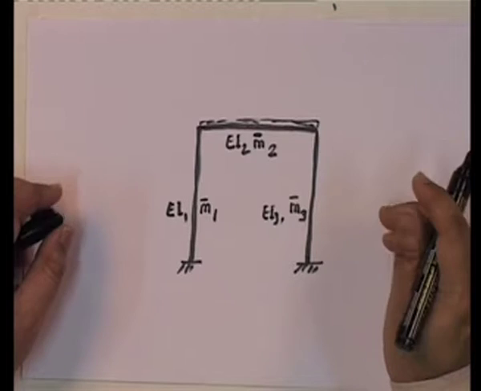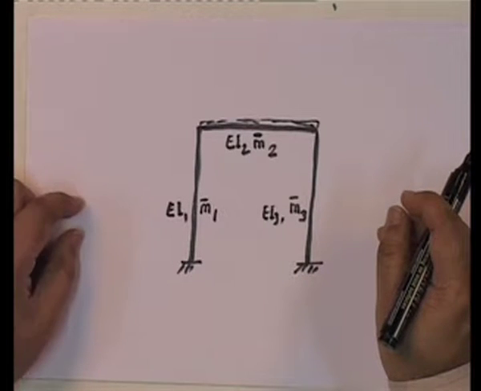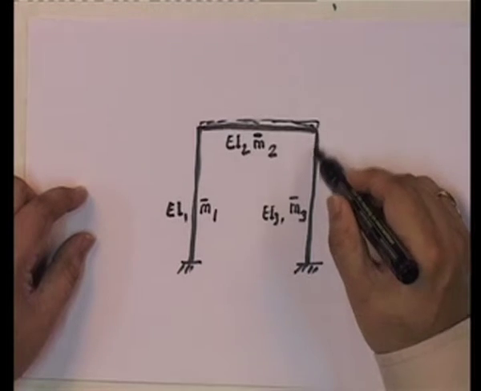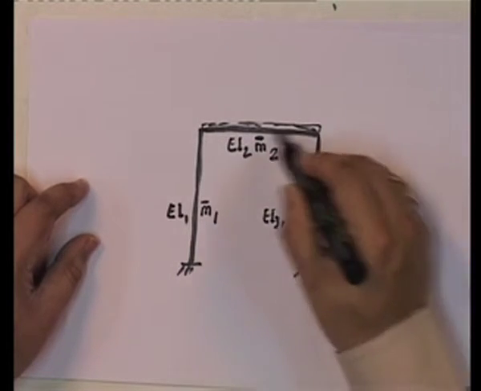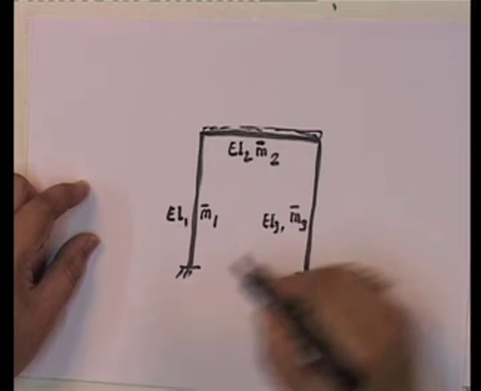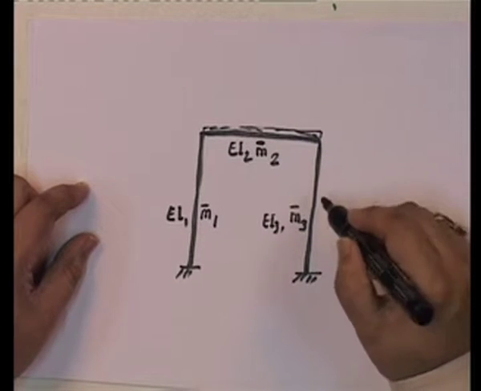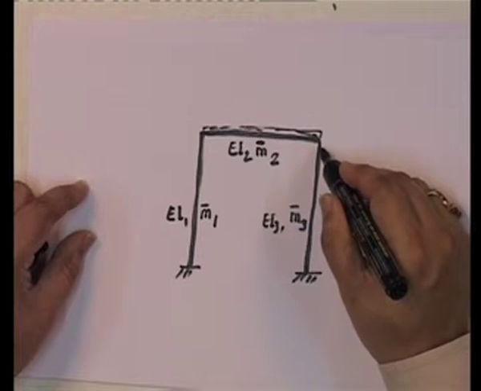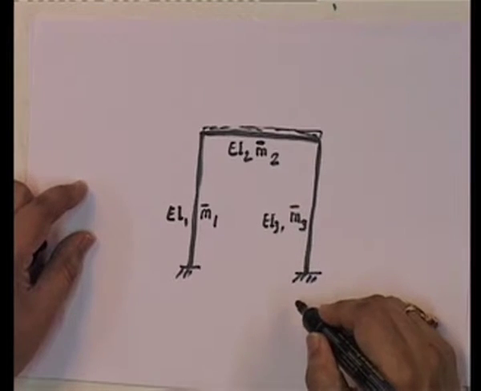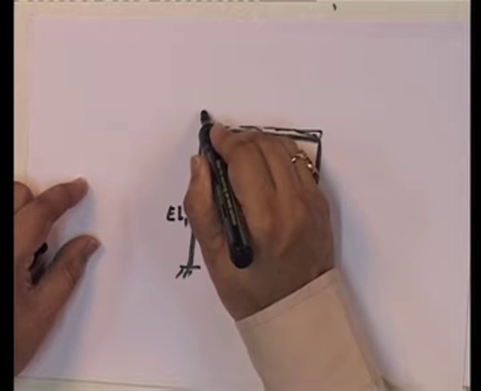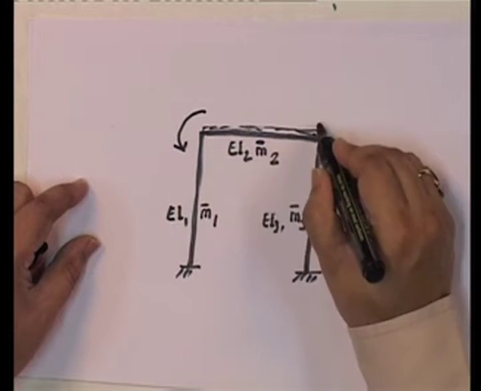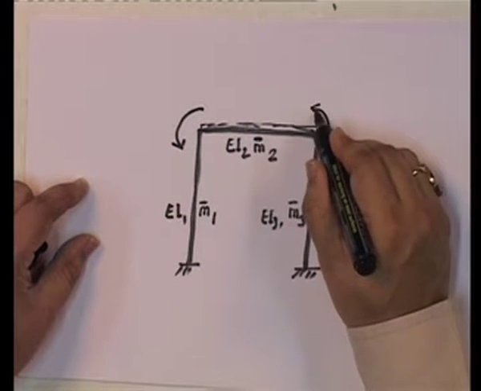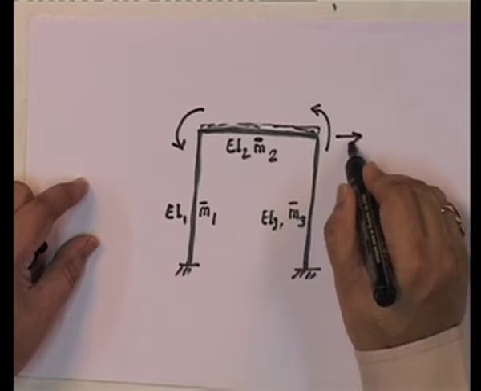Now, how many degrees of freedom does this structure have? Well, if I take each of these as members, and I still continue to say that all of them are inextensible, then from structural analysis, we know that this is a 3 degree of freedom structure, and the 3 degrees of freedom are this.